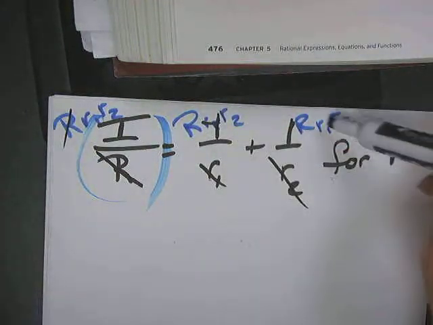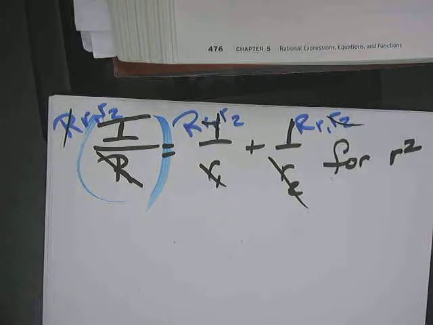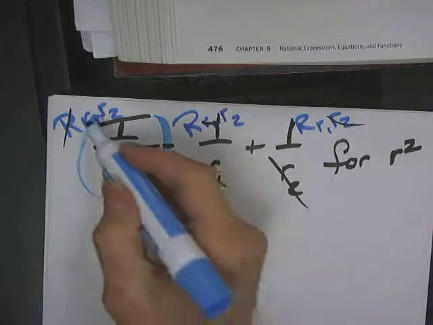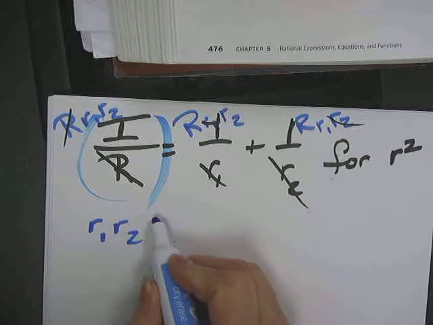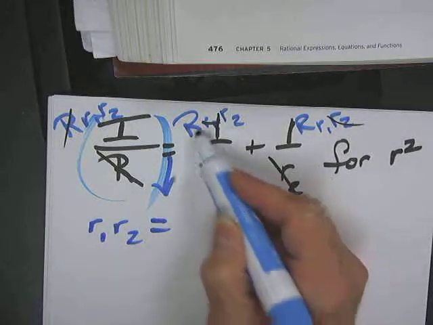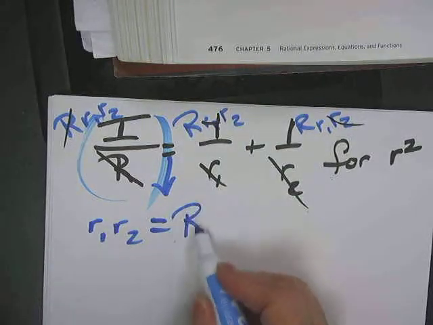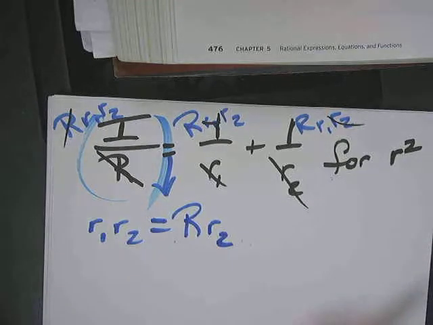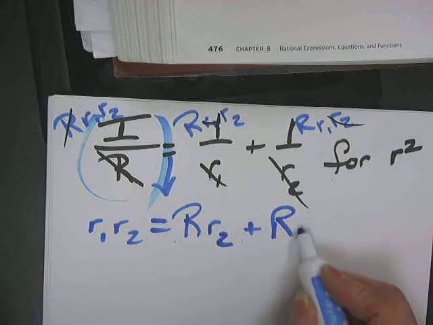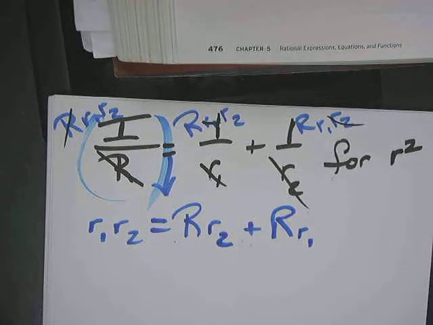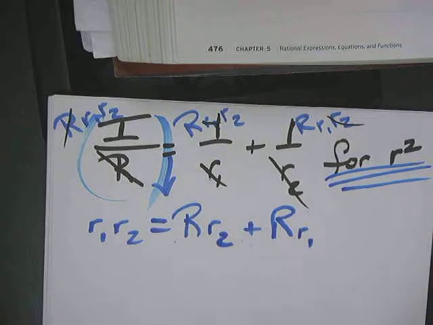Okay, so the R, gone. R1, gone. R2, gone. Now we'll have something that we can solve. R1, R2 equals, that comes down, R, R1. Make sure you keep the capitals and lowercase. R, R1.